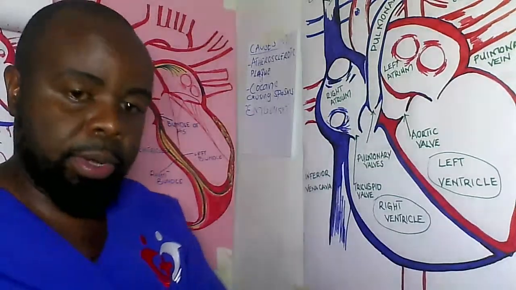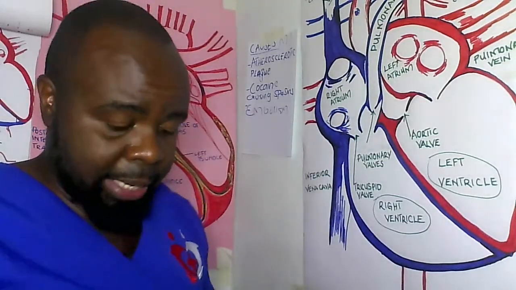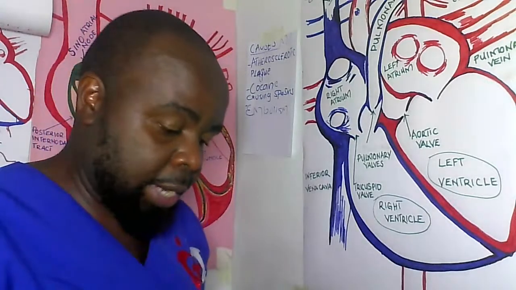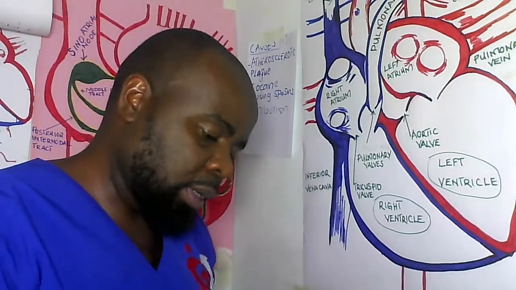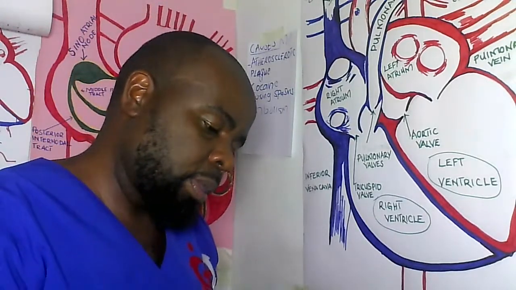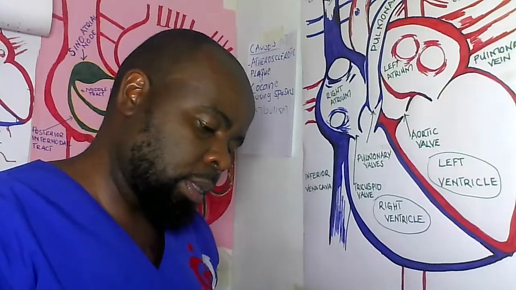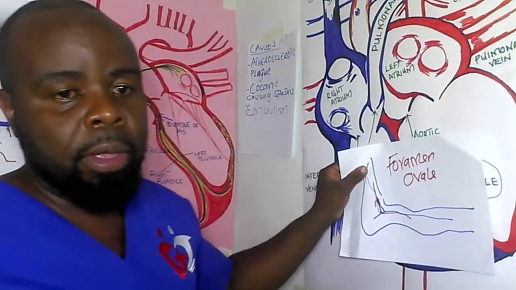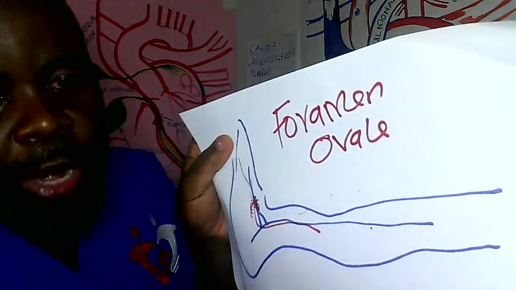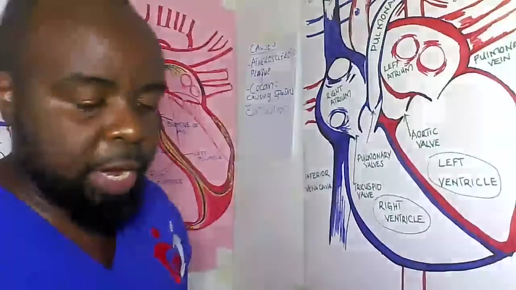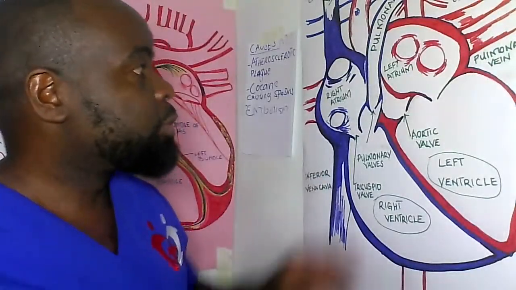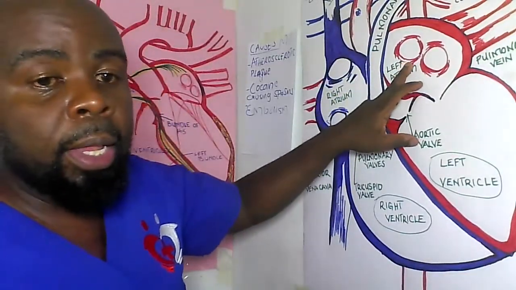Let me write down. Please, let's go slow on that. It is called like this. Foramen oval, because foramen is a hole. So when it goes through that hole, it comes here.